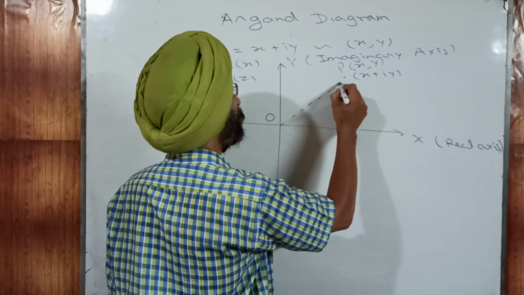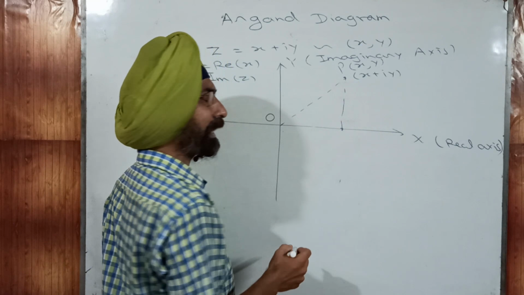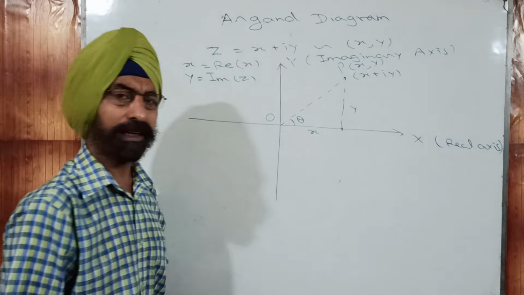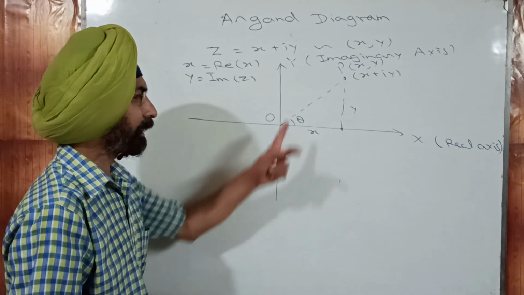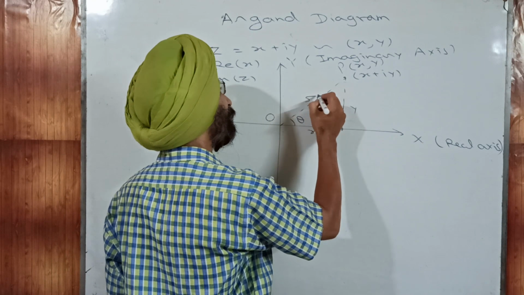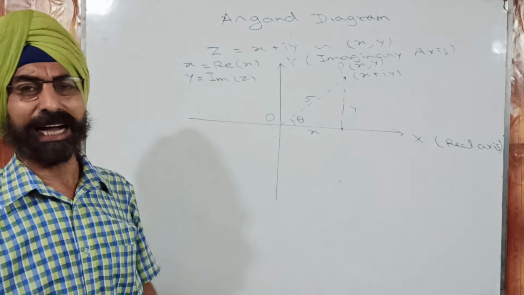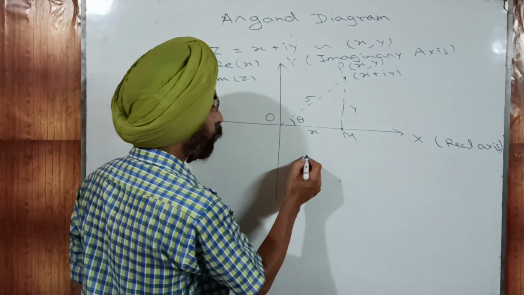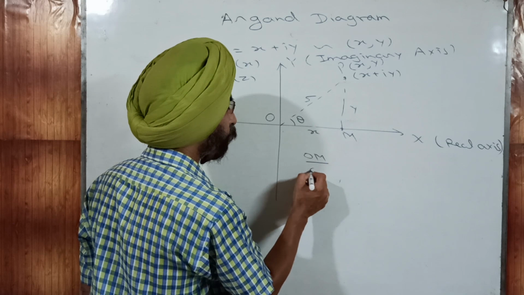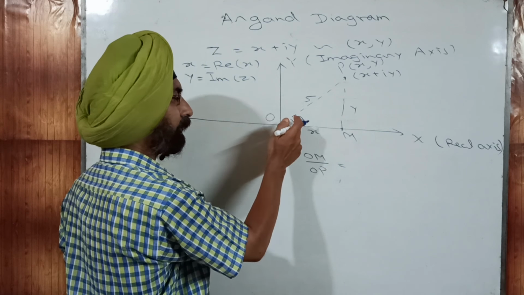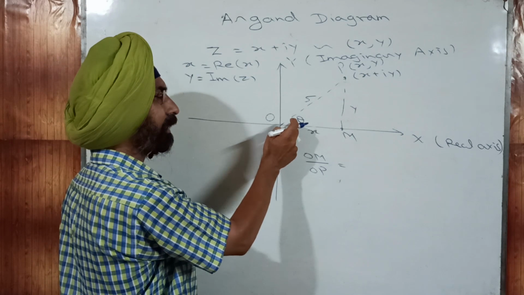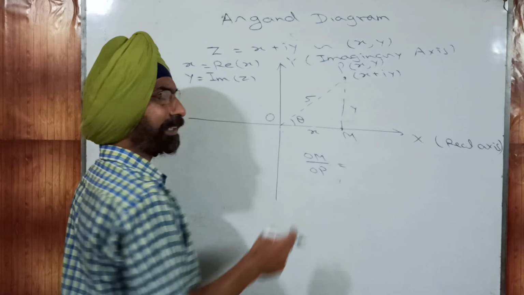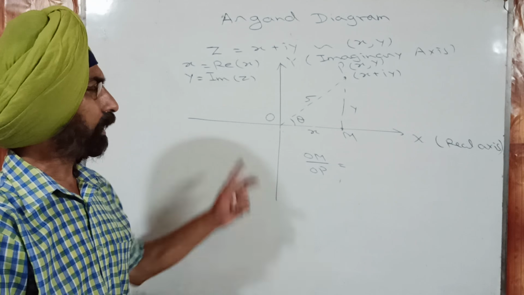So this is our Argand diagram, and once again, this point P, this is your origin O. Join O with the point P, draw the perpendicular on the x-axis, this is your distance x, this is y. If this angle is theta, then you take this distance OP as r. Now this point I am denoting by M. Look at what is OM upon OP. If you consider this angle theta, then OM is your base and OP is the hypotenuse of the triangle OMP.